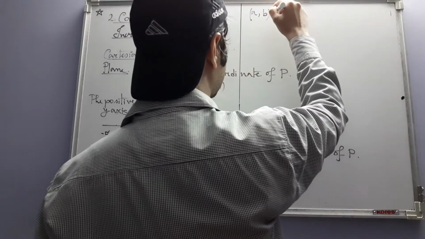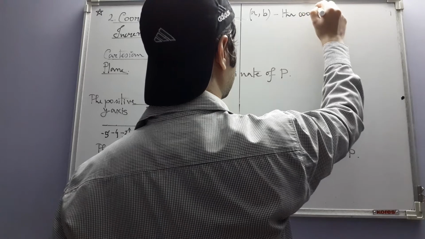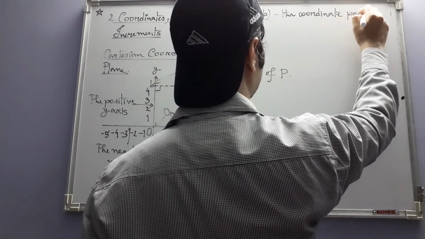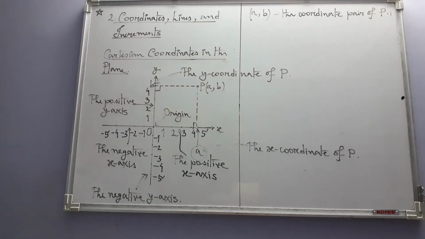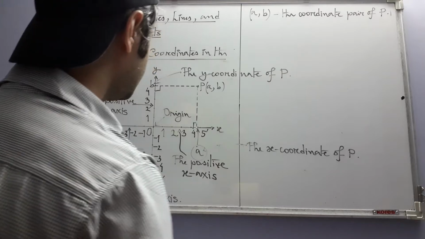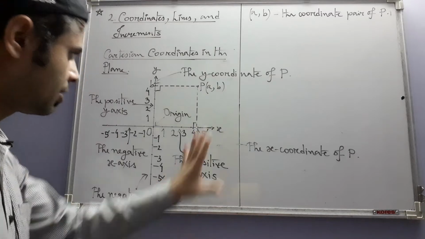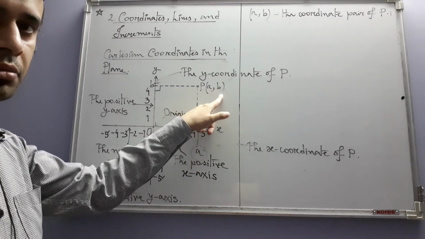This ordered pair is known as the coordinate pair of the point P. Okay. Now you can see that according to this arrangement, every point in the plane gets a unique x coordinate and a unique y coordinate.